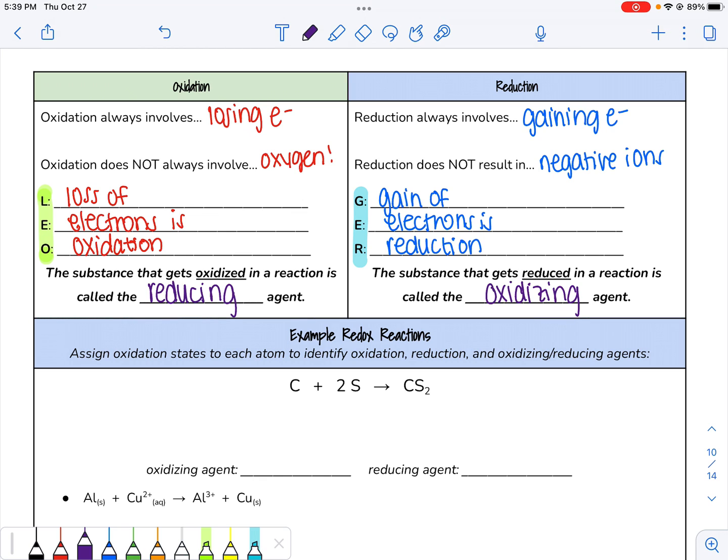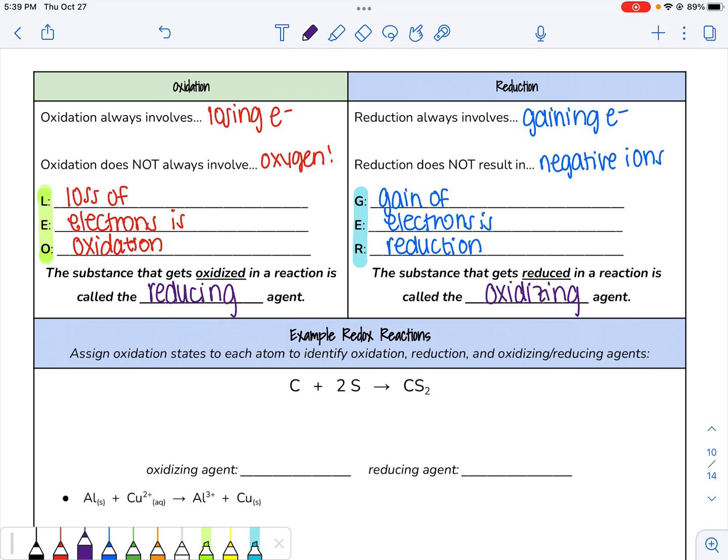So what does this actually mean? Let's take a look at an example first, because I think that's going to help you think through it. We're going to assign oxidation states to each atom in this reaction to help us identify what's being oxidized, what's being reduced, what's the oxidizing agent, what's the reducing agent. So we're starting out with carbon plus sulfur yields carbon disulfide.